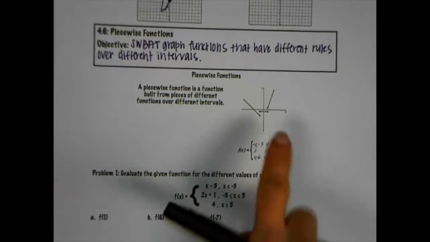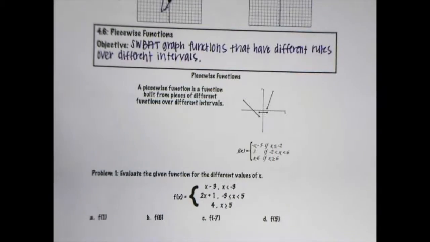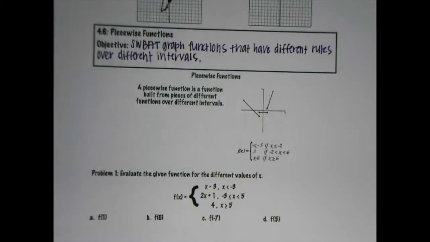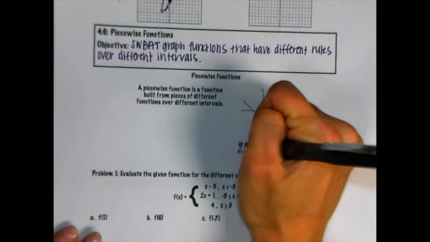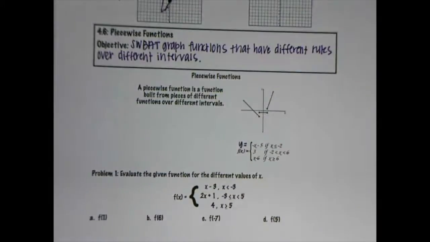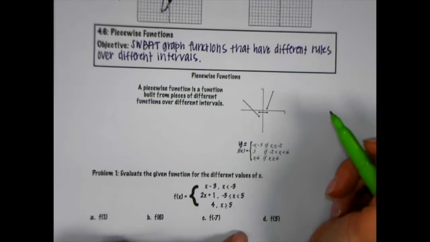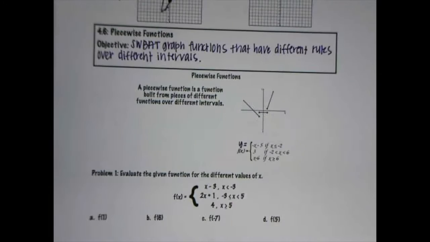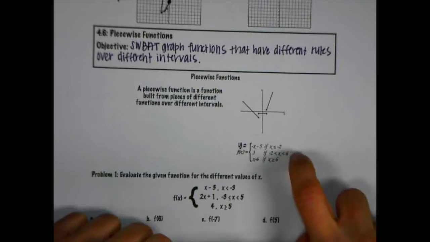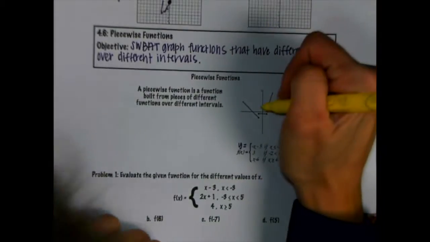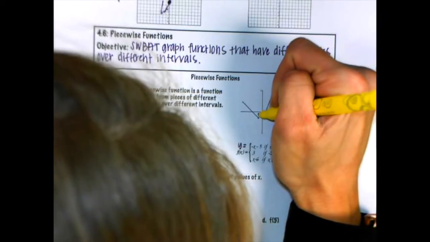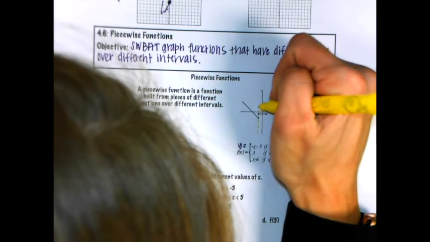Okay? So this one, if we look, I'm going to use different colors and try to explain this. And don't forget, f of x equals is the same as y equals. Okay? So my boundary lines are happening at -2 and +6. So I'm just going to draw those in really quick. That's where those dots are.